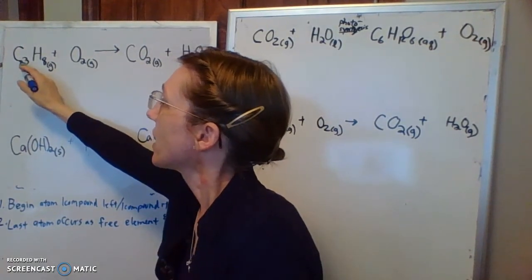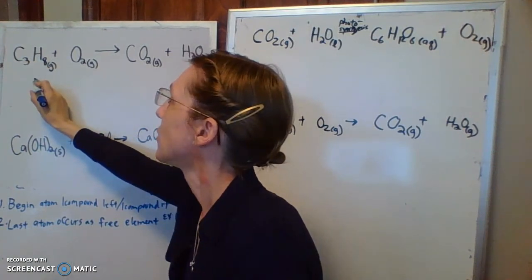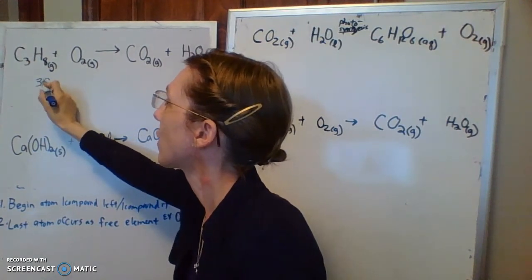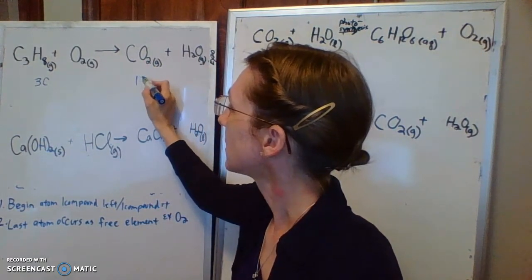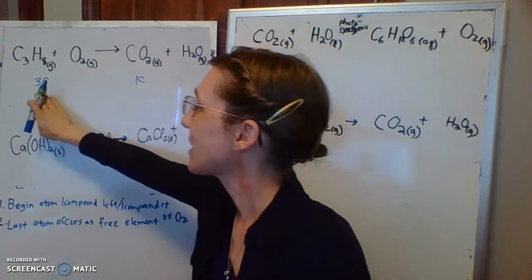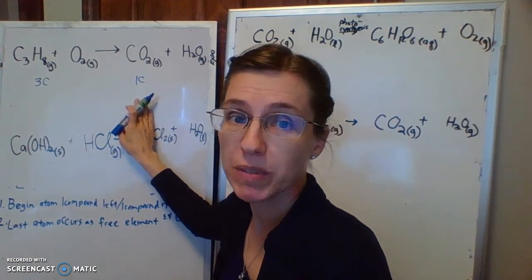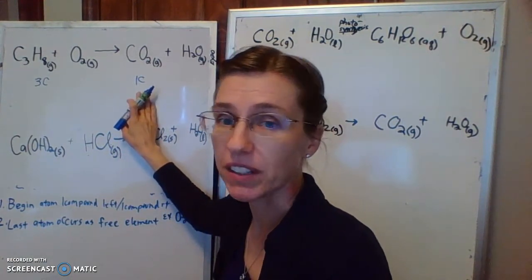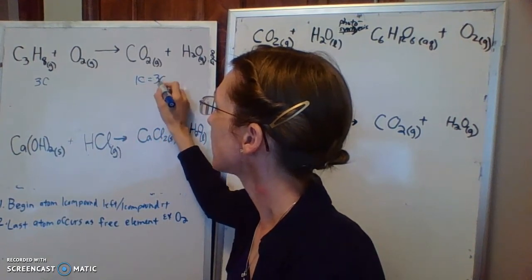So here we see that we have 3 carbons in one propane. So we have 3 carbons on the left. Here we have 1 carbon in CO2. Now we need the same number of carbons over here as we have over here, which means we need to take the lower one and make it bigger. We need to make it 3 carbons.